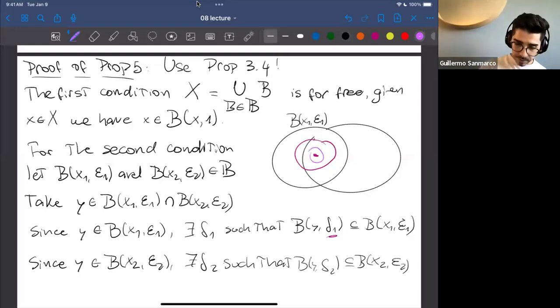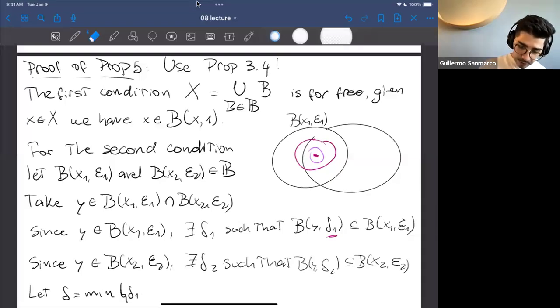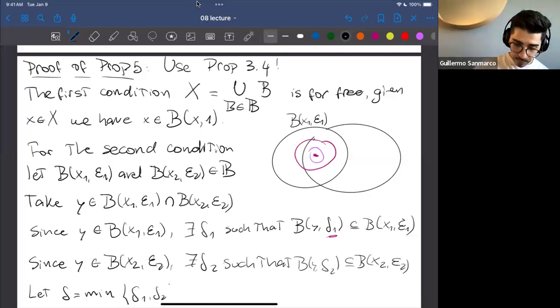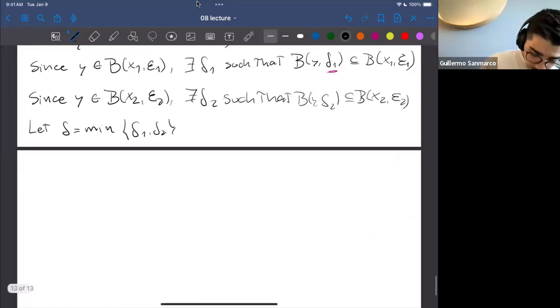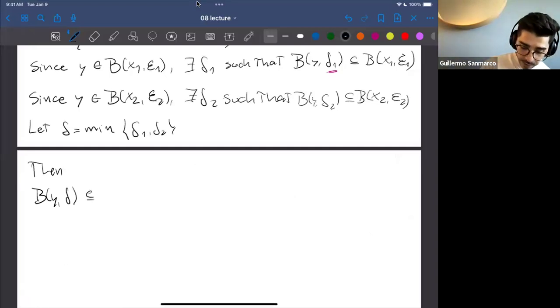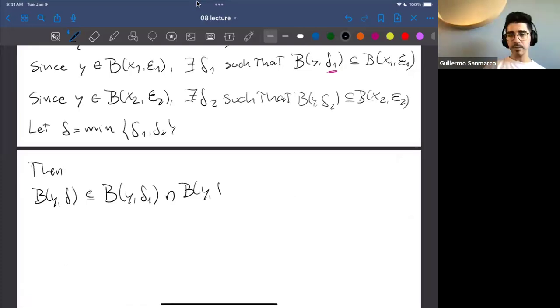And now we can just take the smallest one. If we take delta to be the minimum between delta 1 and delta 2, whichever of these two is smaller, we take that one. In this case, the ball centered at y with radius delta is, since delta is smaller than or equal to delta 1, a subset of the delta 1 ball. But again, delta is smaller than or equal to delta 2, so it's also a subset of the second ball.